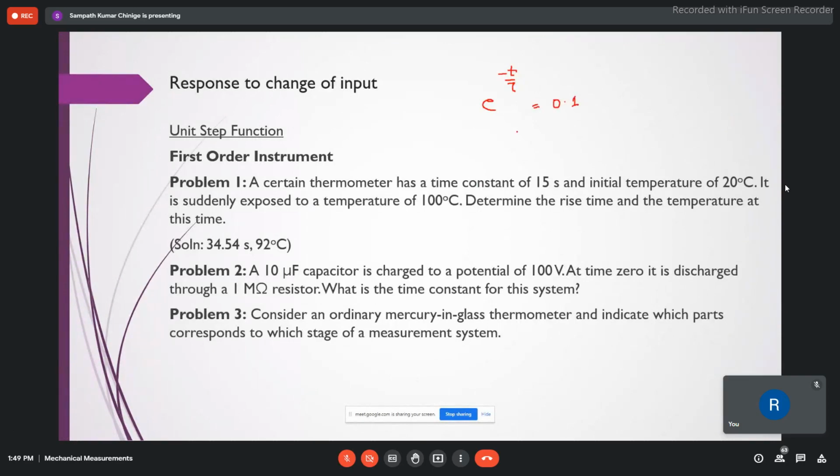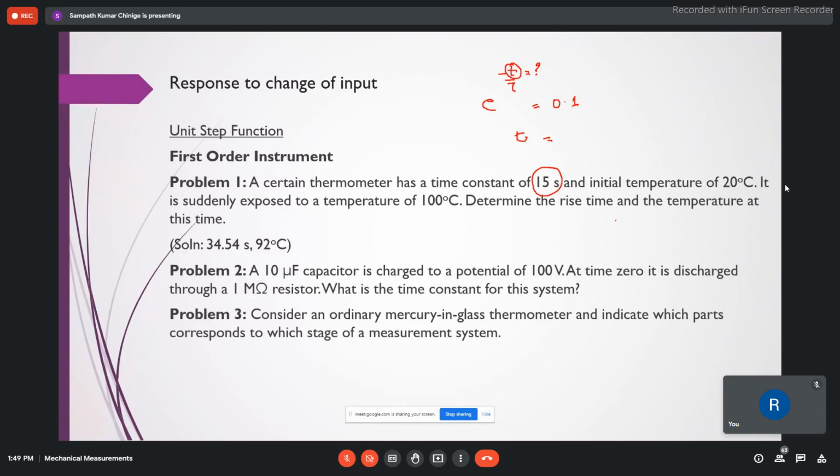From this find out what is t. Your tau is given already as 15 seconds. So you need to find out what is t. Somebody please quickly answer. Yes, sir. 34.538. You are getting 34.5.